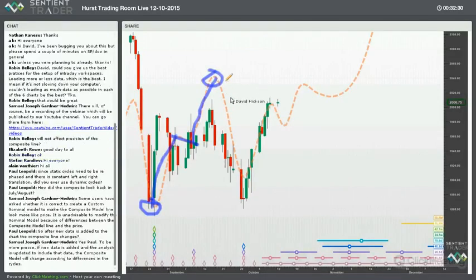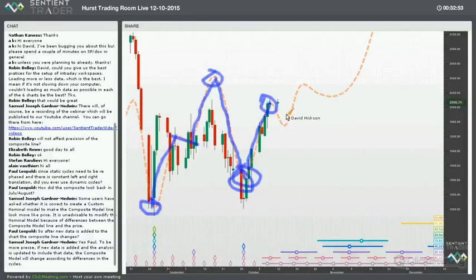Of course, price did turn down and move down like that. And that's the cycle information that Sentient Trader has for this period of time, that the cycles should have been influencing price to move down. Okay, of course, price did move down, at which point price was expected to move up again, according to the cycle model.